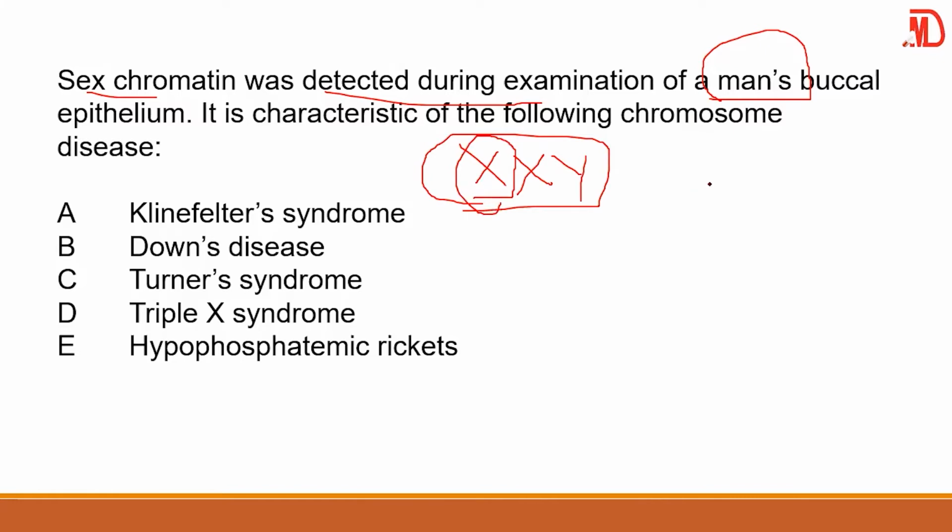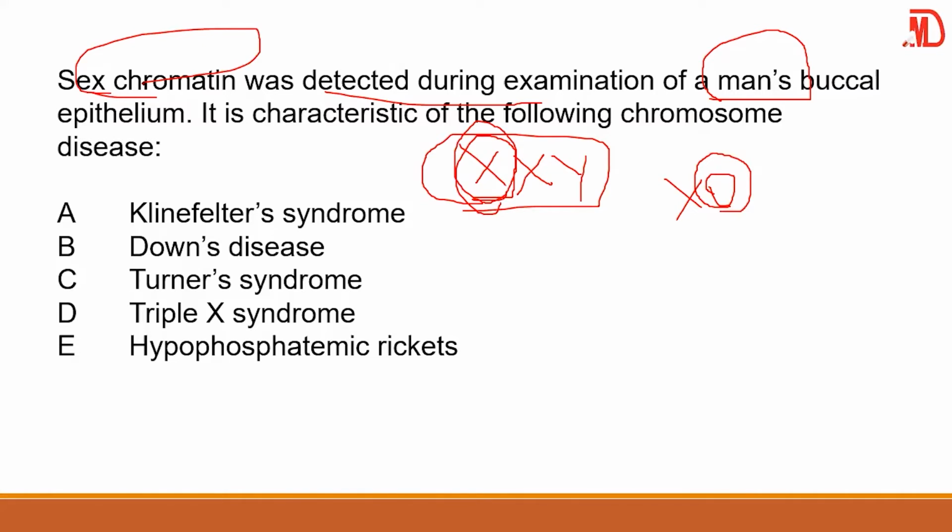This is different from XO, where the chromosome did not separate. There's no Barr body there. But over here, we have an additional sex chromatin.